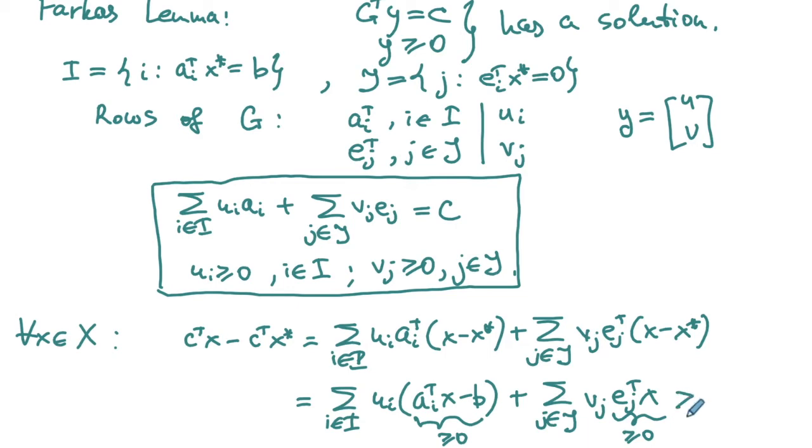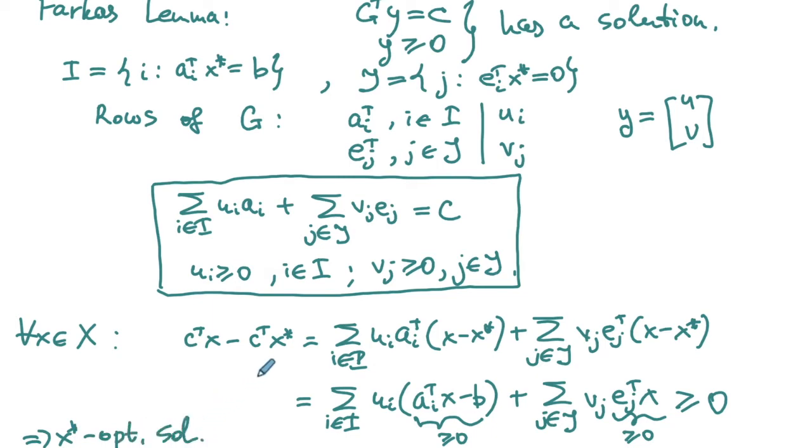So as a result, the whole thing is greater than or equal to 0, meaning that for any feasible x, c transposed x is greater than or equal to c transposed times x star, implying that x star is the optimal solution.